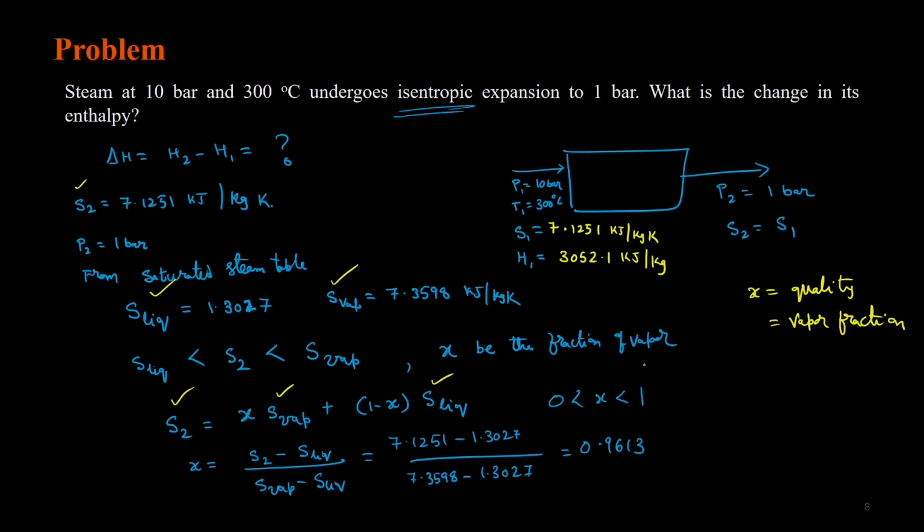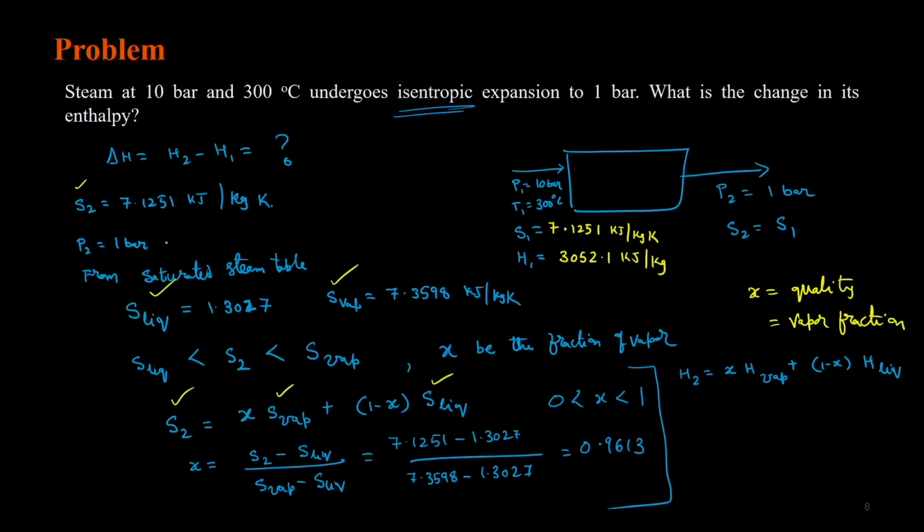Once I have this number, I can always go back and calculate the enthalpy at the outlet, which, because I have X as the vapor fraction, is X times H for the vapor plus 1 minus X times H for the liquid.